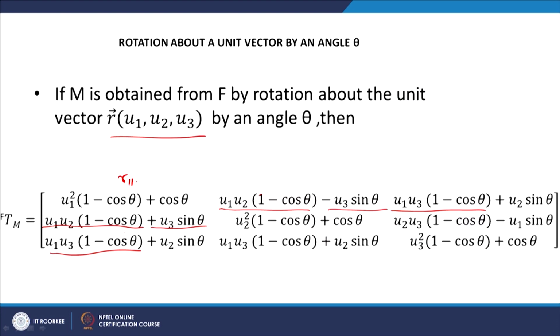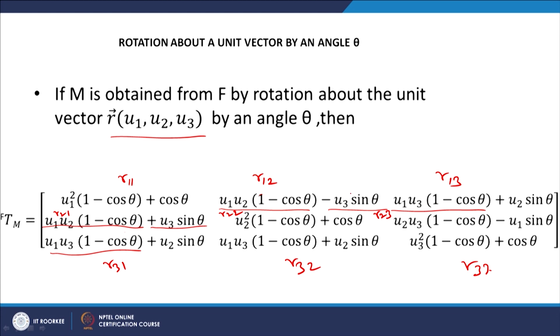Say R11, R12, R13, this is R21, R22, R23 etc., R32, R33. So R12 plus R21 will give the sum of the first terms only. So it is 2 u1 u2 into 1 minus cos theta.